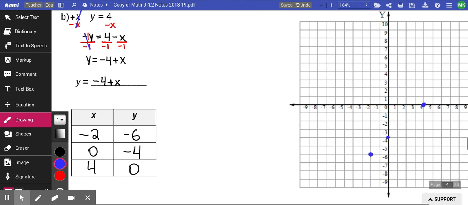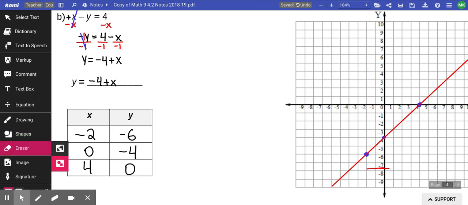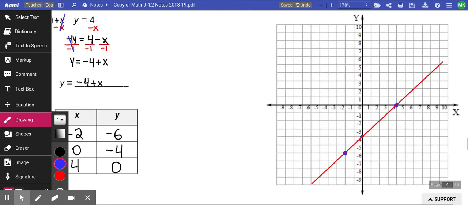And you'll notice this still does create a linear pattern. The line just kind of spreads out, but it is doing exactly what we wanted. The line should look like that. And again, don't forget arrows.